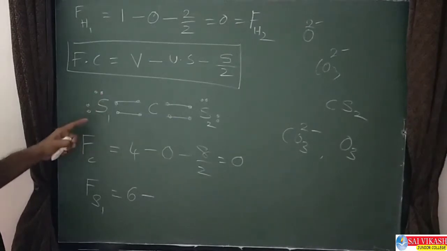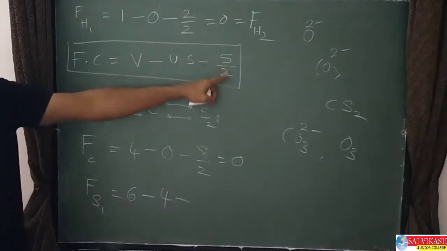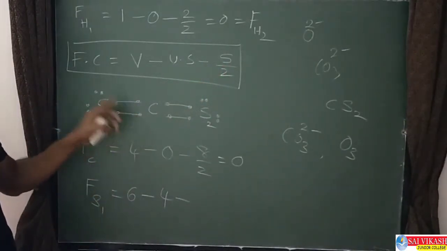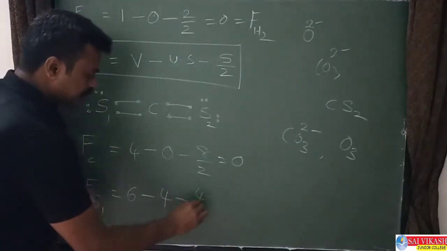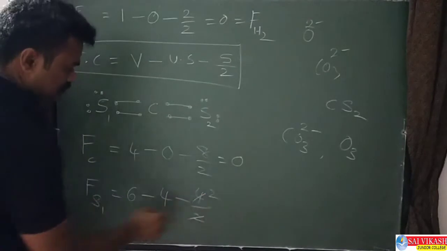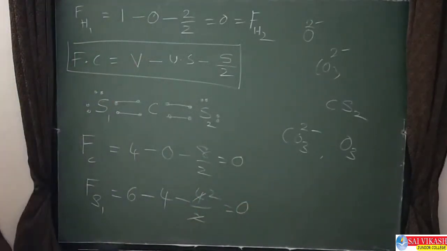So these 4 electrons are unshared. Minus number of shared electrons by 2. How many shared electrons? 1, 2, 3, 4. 4 shared electrons divided by 2. So how much it is? This will be 2. So 6 minus 6 is coming around 0. So formal charge of sulfur 1 is 0.